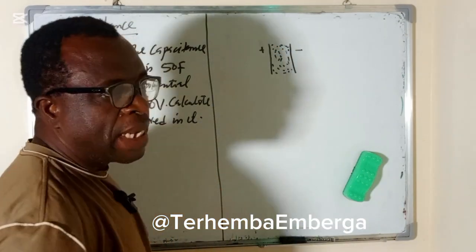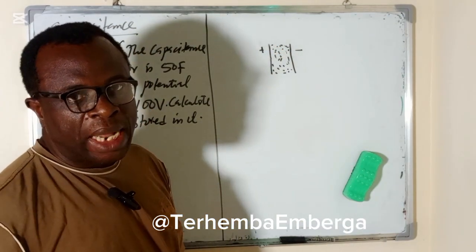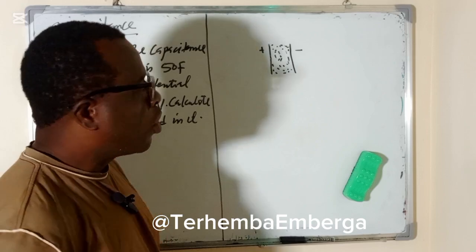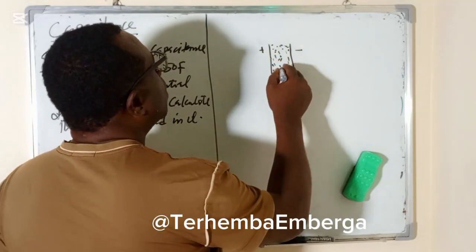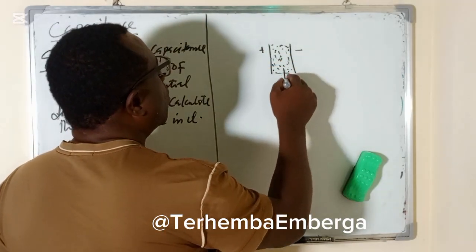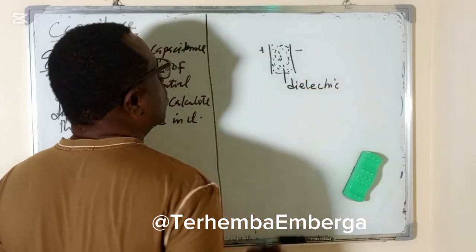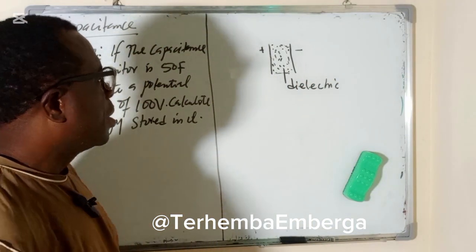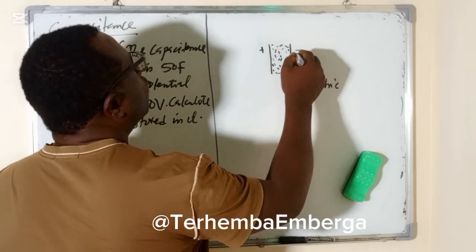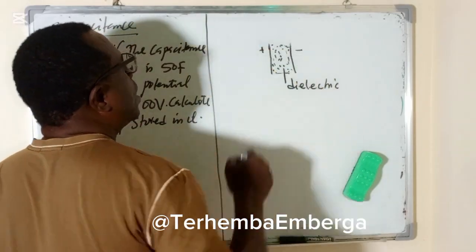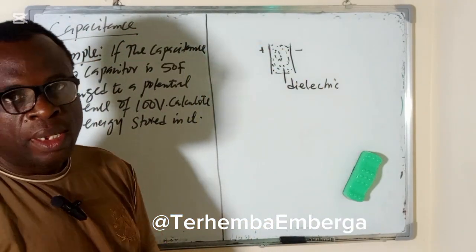An insulator is that thing or that material that cannot conduct electricity. So in between this has an insulator called dielectric. We have the positive and the negative plate of the capacitor.